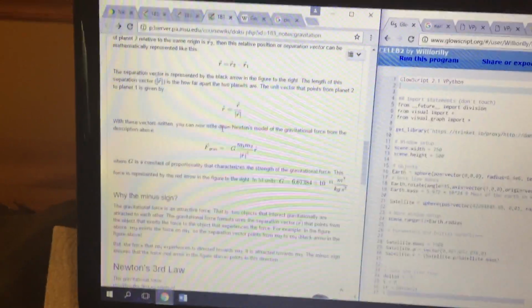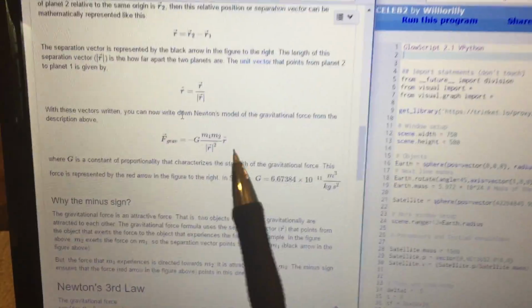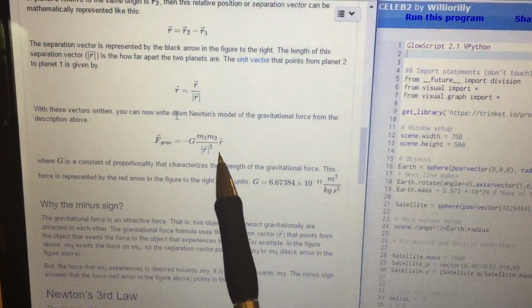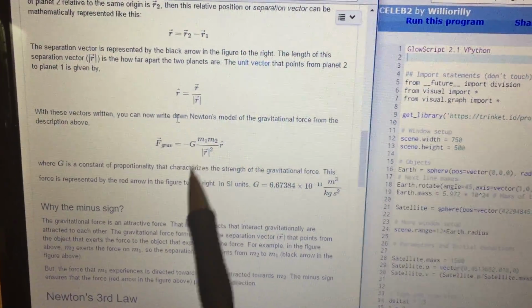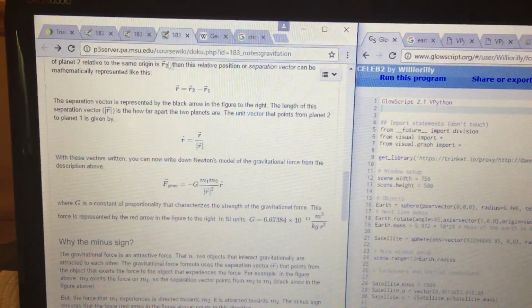So to model the satellite orbiting the Earth, I set up a relationship with two equations at first. The first being this one, to determine what force the Earth would be exerting on the satellite due to gravity, with the masses and the radius between the two centers.